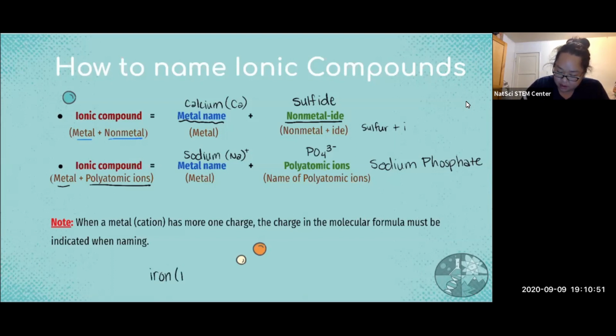What that means is that Fe has a 2 plus charge. And that's what they mean by when the metal cation has more than one charge. So what you can see here is sodium only has one charge, so you don't have to indicate it. But if you were naming something with iron 2, you'd have to write iron 2 and then the non-metal.